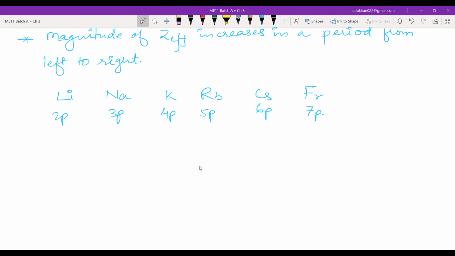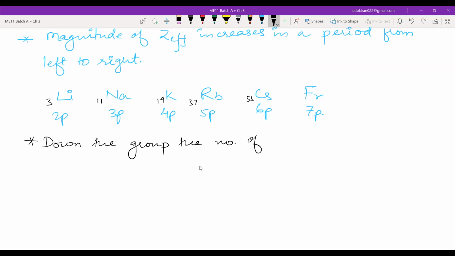Now, as we are going down the group, what is happening here? Down the group, the number of protons are increasing because lithium is how much? The atomic number of lithium is 3, sodium is 11, potassium is 19, rubidium is 37.